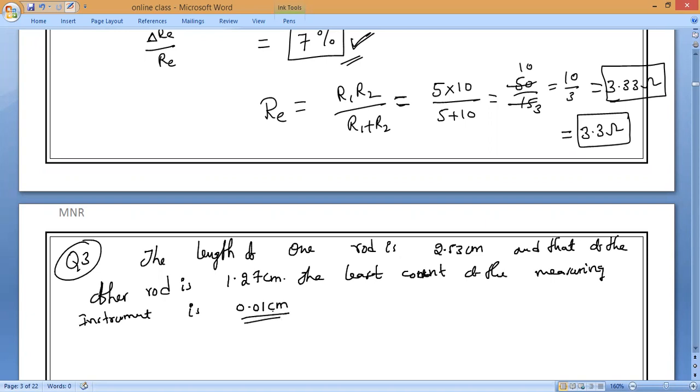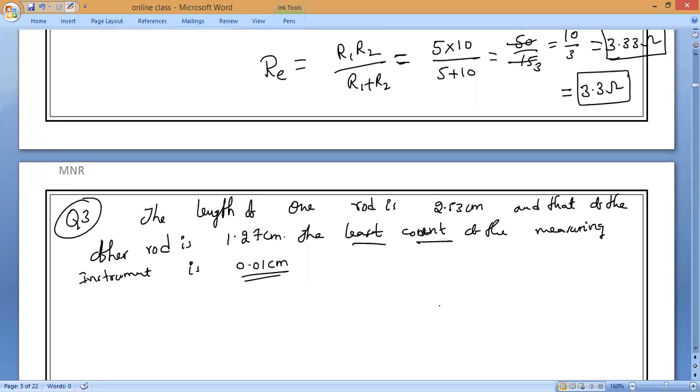What do you mean by least count? Note it down. Whenever you hear the word least count, it means the smallest possible measurement with the given instrument. Clear?